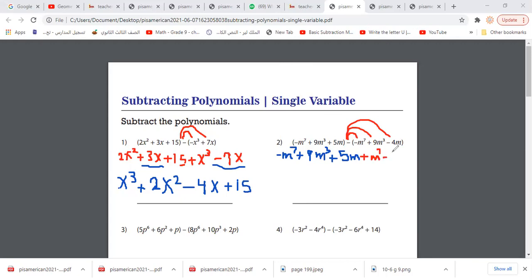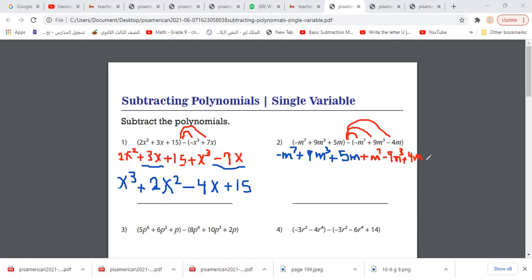It will be the same as the last one, but we will change the sign. Exactly. M to the power of 3, and then negative times negative will be equal positive 4m. After that, you are free to arrange them horizontally or vertically.